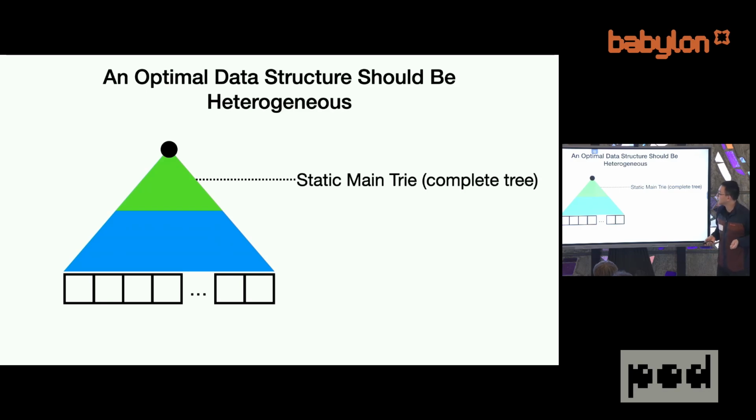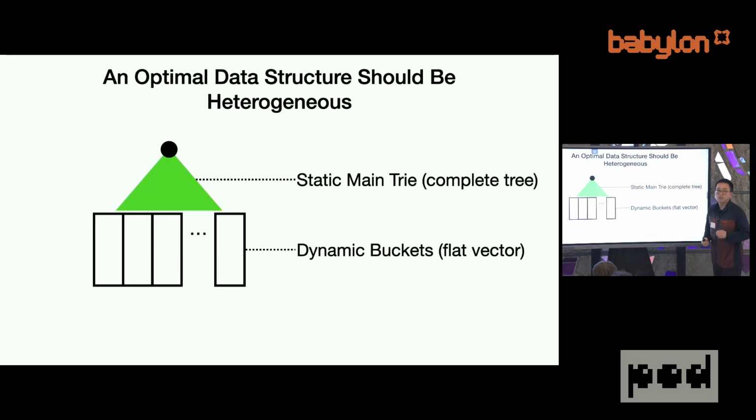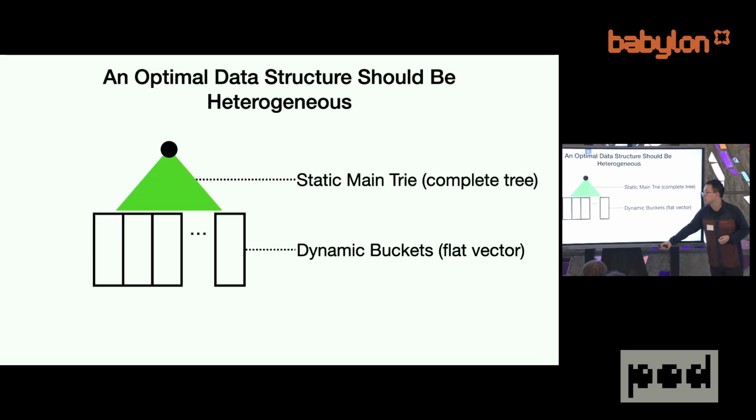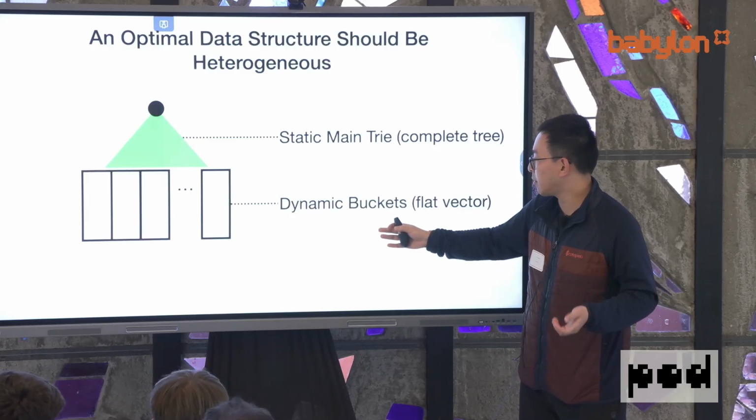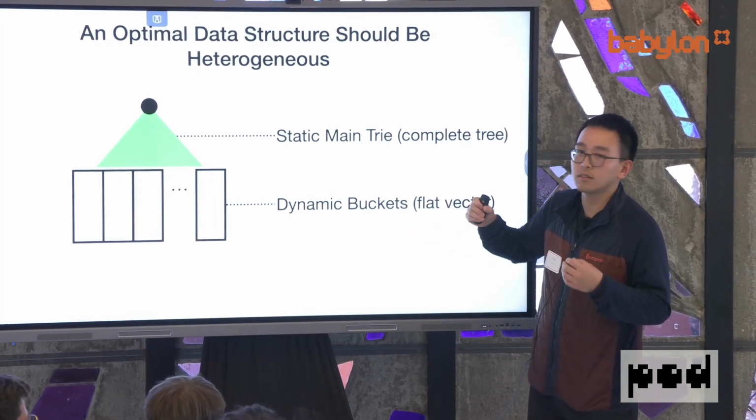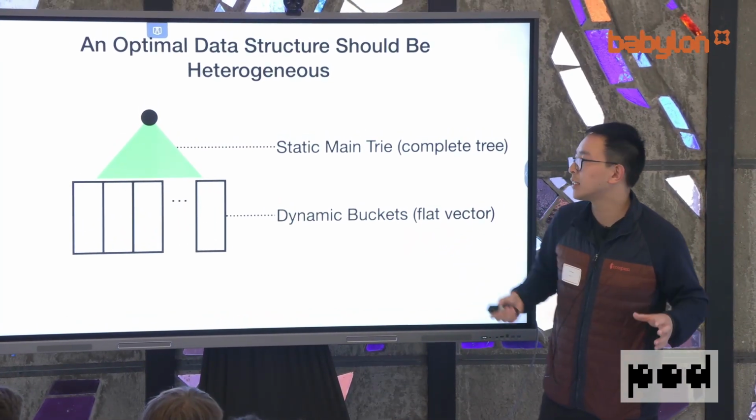So what you should do is flatten each sub-tree into a flat, open addressed vector or hash table, depending on how you want to provide random access into those buckets. Again, you want a static main trie, almost guaranteed to be complete, so you don't lose much efficiency, and a series of dynamic buckets that can deal with the sparsity of the key space.